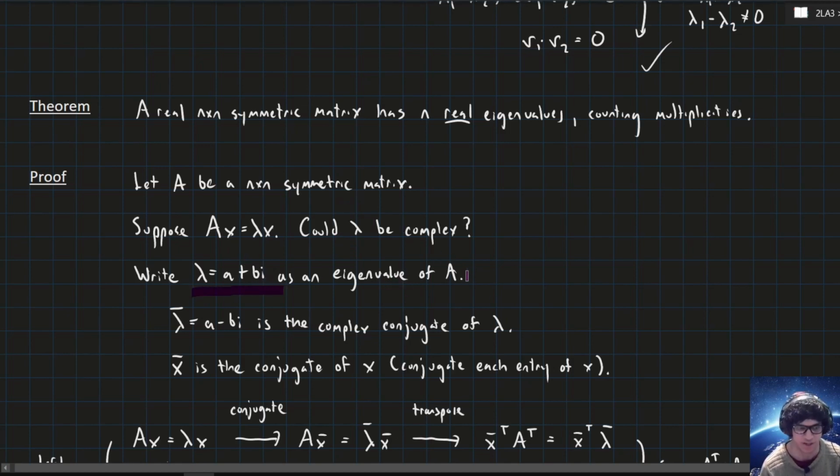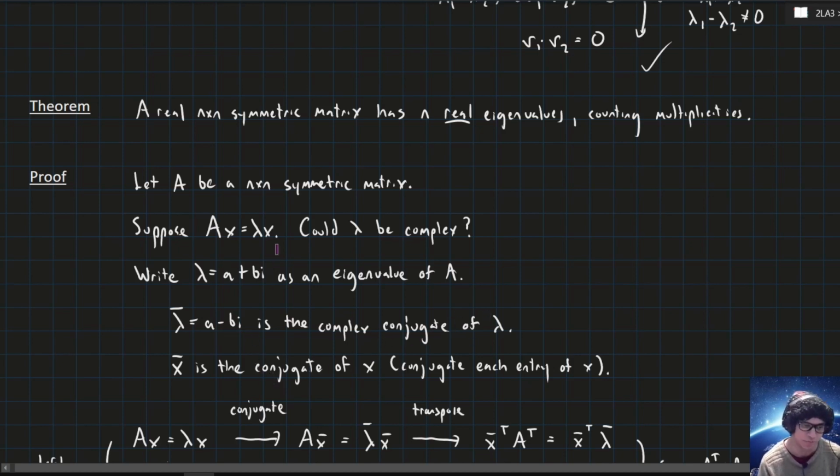That's an eigenvalue of A. I'm going to introduce some notation here. Lambda bar is going to be the complex conjugate of lambda. This just means we flip the sign of the bi part so that it's the opposite sign. That's what the complex conjugate is.